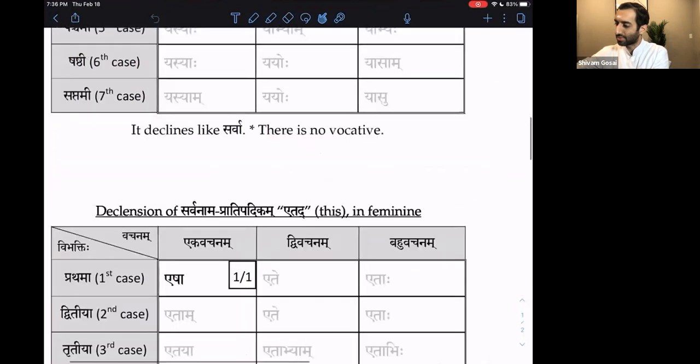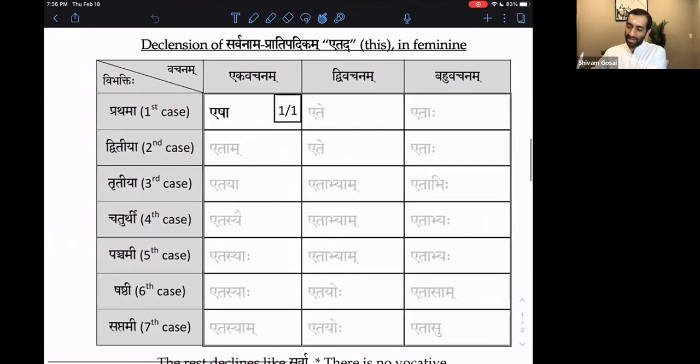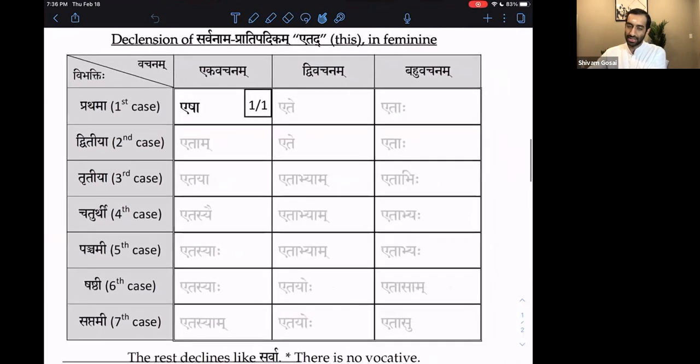Okay, so let's start here. This is page 113 in your book. You see etad in strilinga. This is exactly like what we were seeing as sarva. It's basically the same as tad shabda.